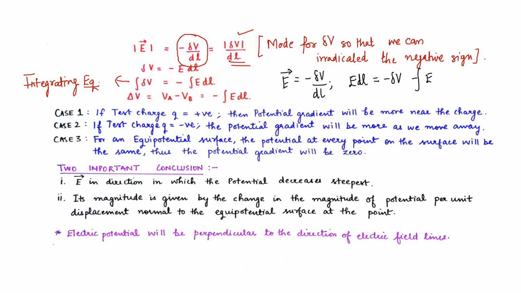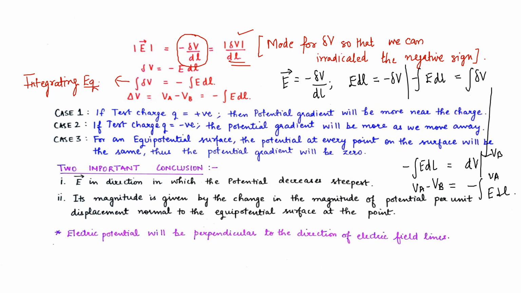We will take minus to this side: minus E del L equals integration over dV, from VA to VB. Now it will be VA minus VB equals minus of E del L.